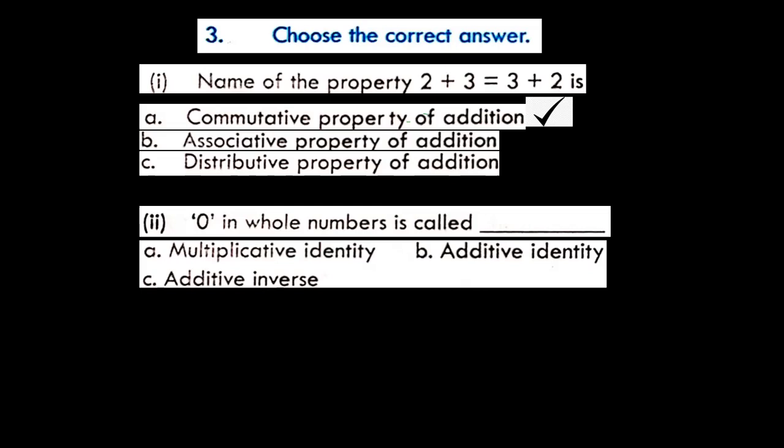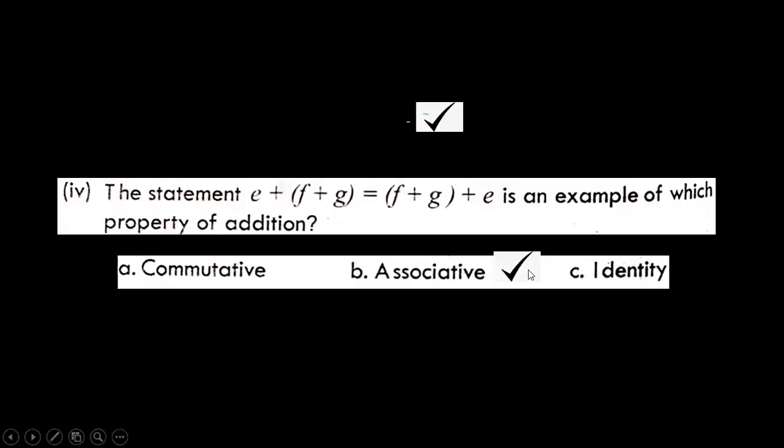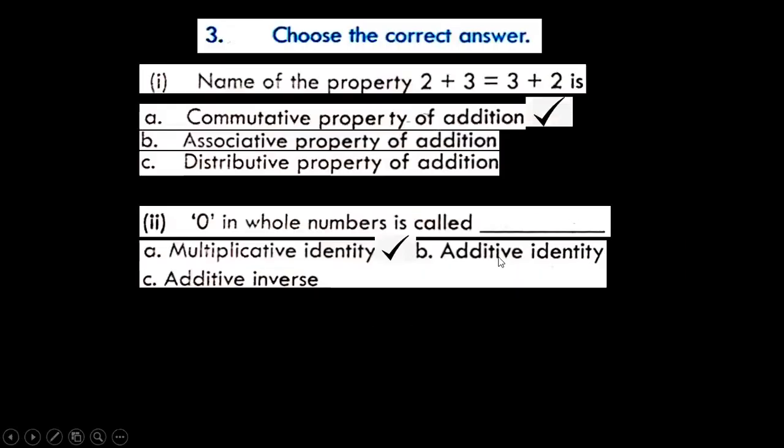So in this case 0 is additive identity, and in the previous case, 1 is multiplicative identity. So the answer is not multiplicative, this tick is wrong. It should be on B. Additive identity. The other name of zero is additive identity, and the mathematical name of one is multiplicative identity.